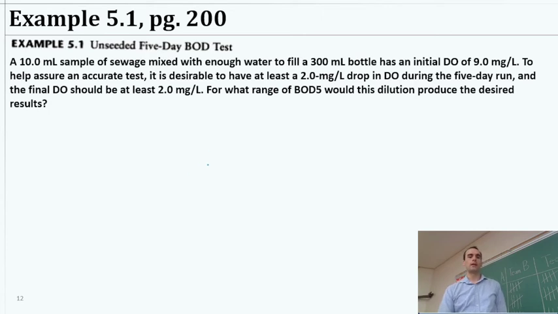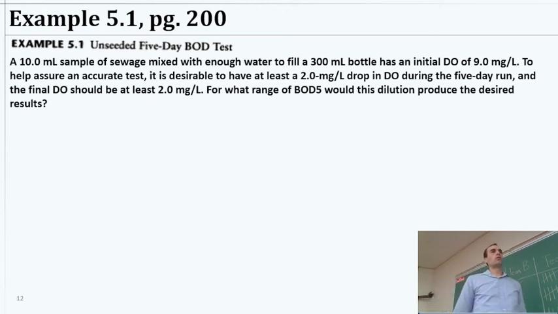So if you started at 9, then you have to do at least 2, and you could not do more than 9 minus 2, which is 7, essentially, is what it's saying. So I'm going to let you formulate that out into the problem itself. You'll see that concept return. For what range of BOD5 would this dilution produce the desired results?